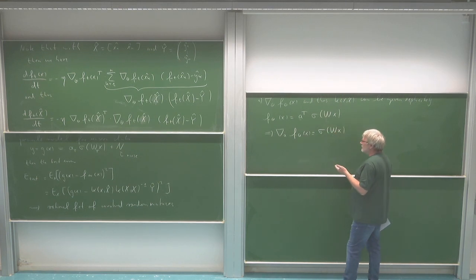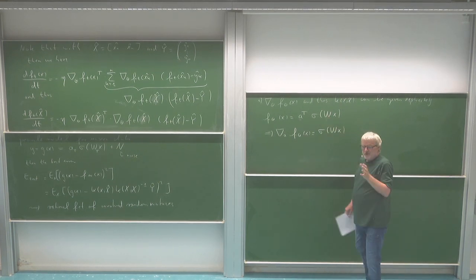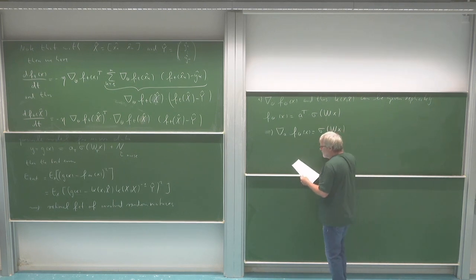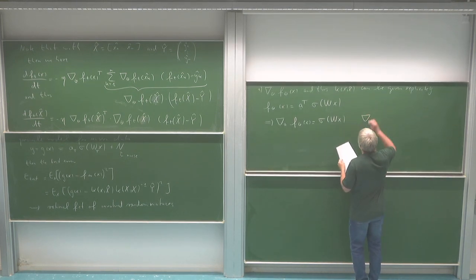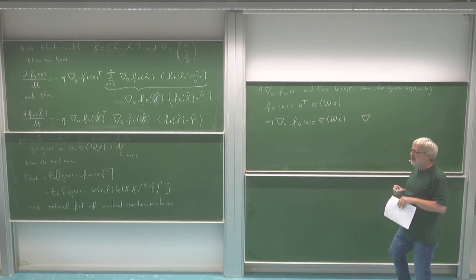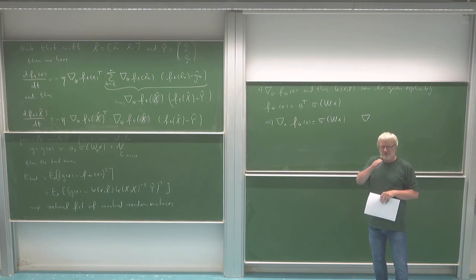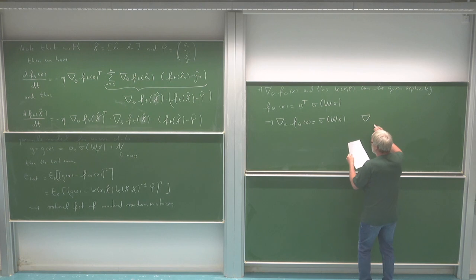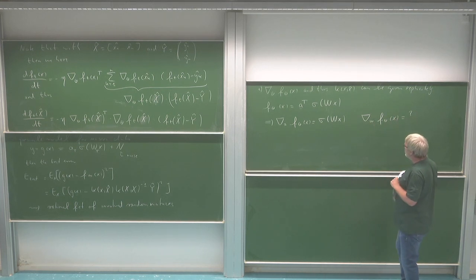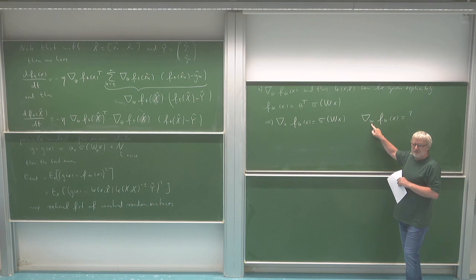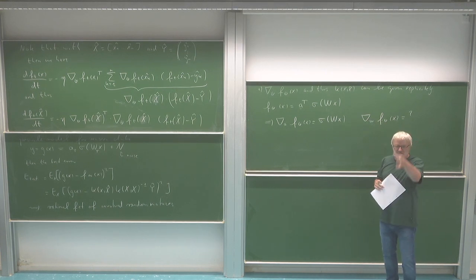Okay, then what is a partial derivative with respect to the components of W? W is now a matrix. This makes it a bit more complicated, and maybe it's better to write this also in a kind of vector language by saying my matrix is just a collection of vectors, maybe row-wise. So the question is, what is f theta of x if I take the partial derivatives with respect to any entry of my matrix W? Of course, W is a matrix, but for this gradient, the parameters I'm thinking of really as a long vector.